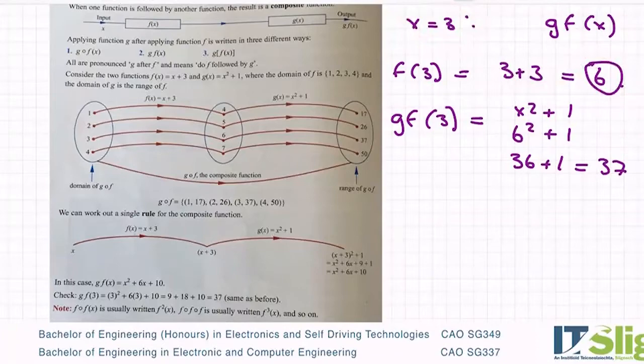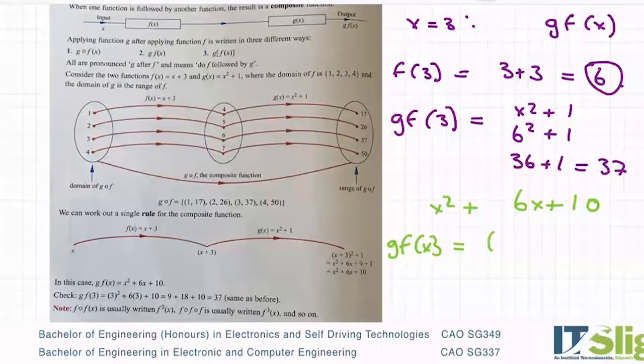Okay, or like I said, you could have come up with that single rule, and if you feed it into g of f of 3, when you come up with a single rule, you have already combined the two functions together. So then you sub the 3 in for that one as such.